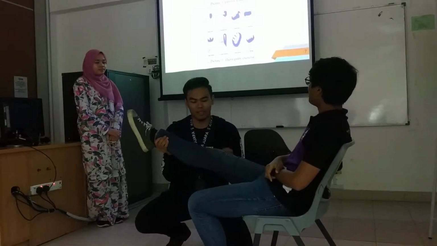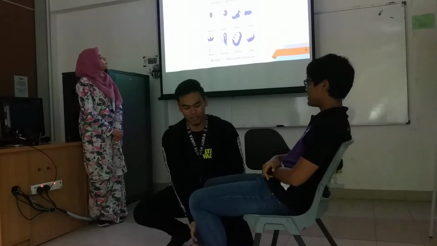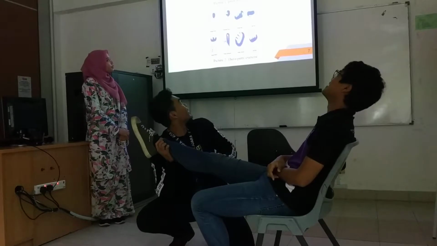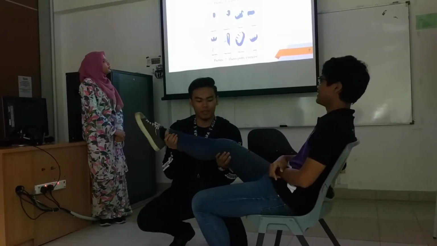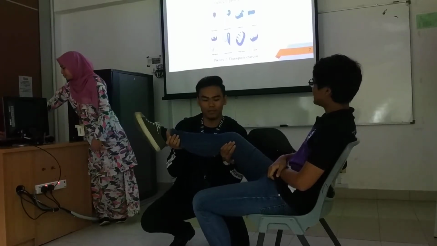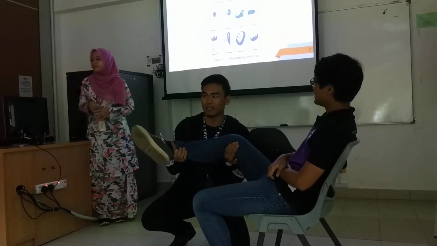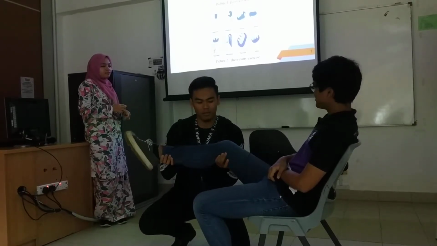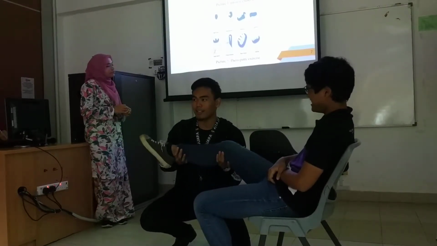Then straighten it back. The second one is we raise up the leg, and then we twist it a bit to the right, to the left, and then to the right.